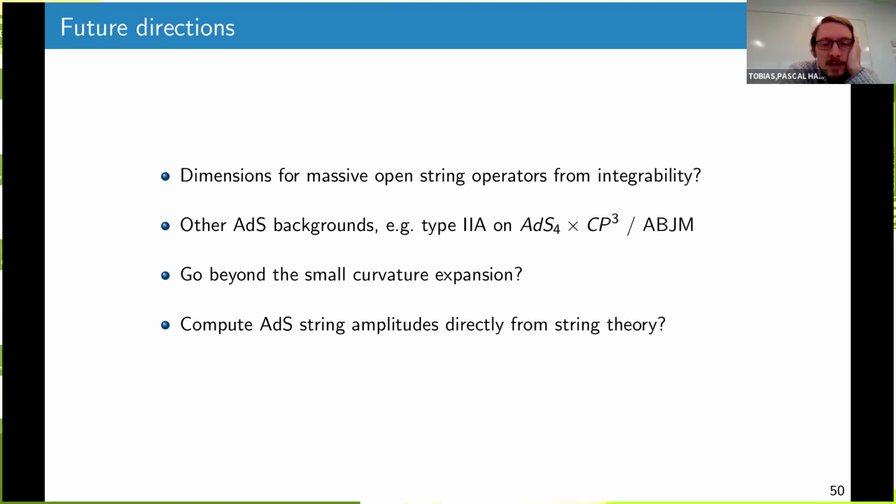It's not clear if it's completely fixed if you go on. The first correction was completely fixed with the method. The second term needed a little bit of input, and then the basis of these polylogs grows pretty fast, so it could be that it's not completely fixed.